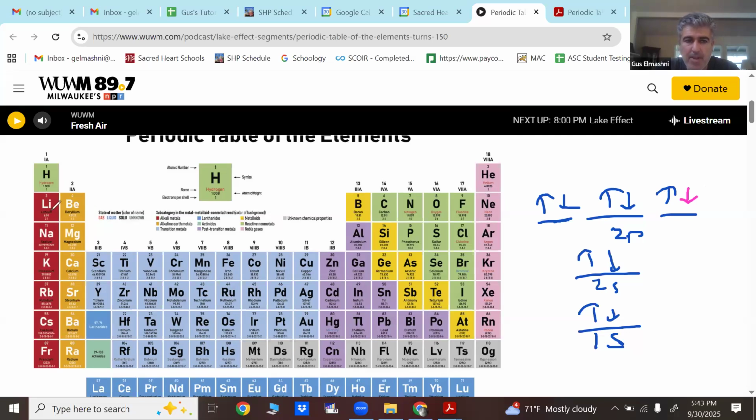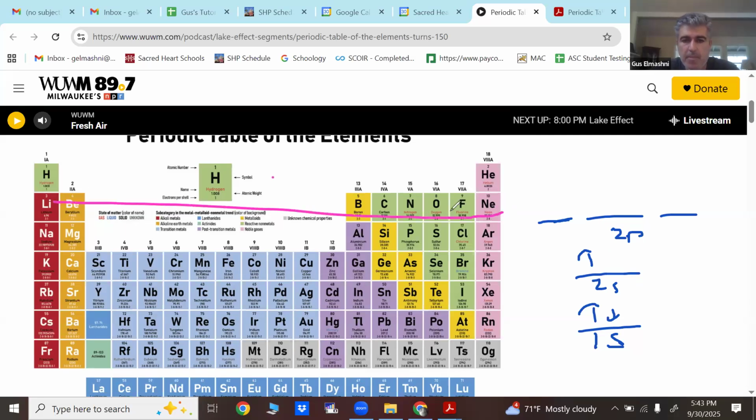Now let's take a look at lithium, for example. Lithium looks like this. Lithium would need a lot of electrons to get from here to here.